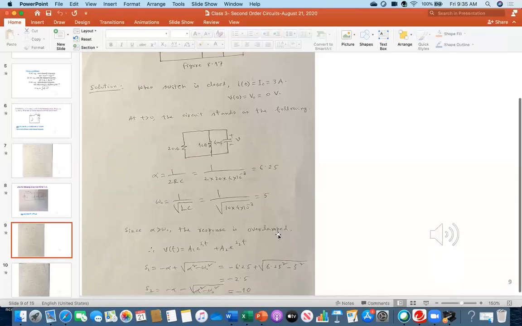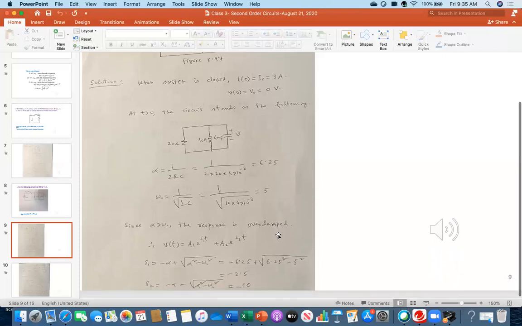Because the response is overdamped, accordingly choose this expression. You see, v(t) equals A1 e to the power s1 t plus A2 e to the power s2 t. This is my general expression. Now there are four unknowns, s1, s2 and A1, A2. So first find out s1 and s2. This is s1. s1 needs alpha and omega naught that we already calculated.